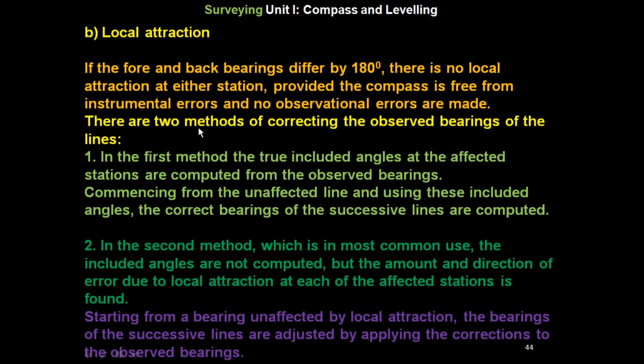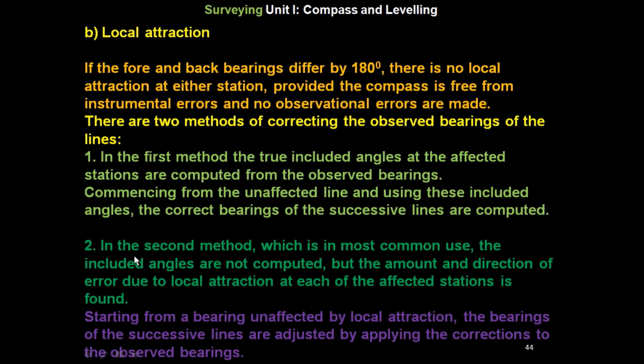There are two methods of correcting the observed bearings of the lines. First, in the first method, the true included angles at the affected stations are computed from the observed bearings, commencing from the unaffected line, and using these included angles, the correct bearings of the successive lines are computed.